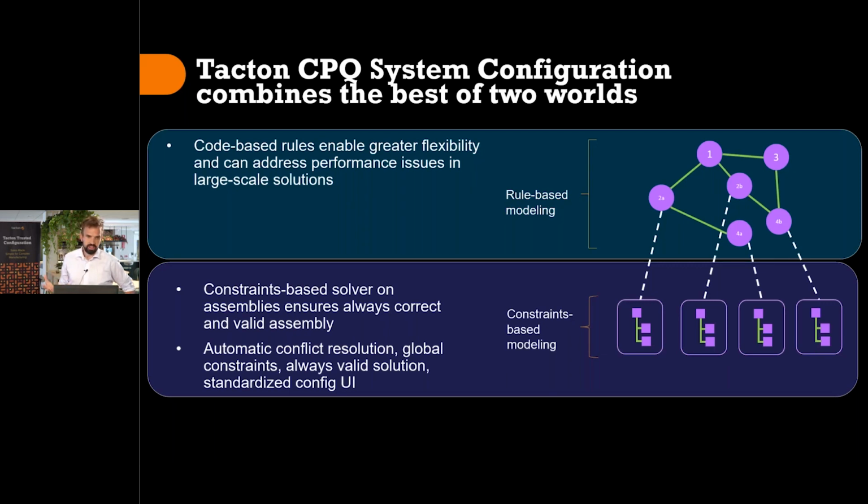So technically now, what we're introducing in Tacton CPQ is that we're taking our core capabilities, the constraint-based product modeling, and we're building upon it. We're extending it with new capabilities. So it's not a separate thing.